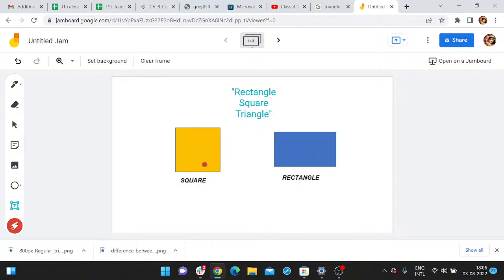So the first property जो हमने पढ़ी was that all sides are equal. So if you measure anything which is in a square shape, the measurements are going to be same. And the second property is that the opposite sides are parallel. And the third property of a square is that if you measure the angle of a square, angle का मतलब है जहाँ ये दो lines मिलती हैं, तो कौन सा एंगल फॉर्म हो रहा है?